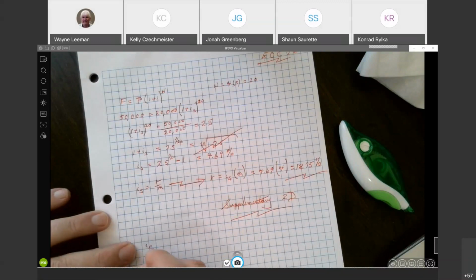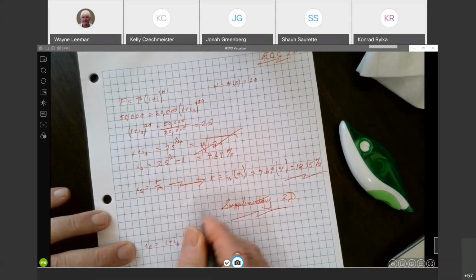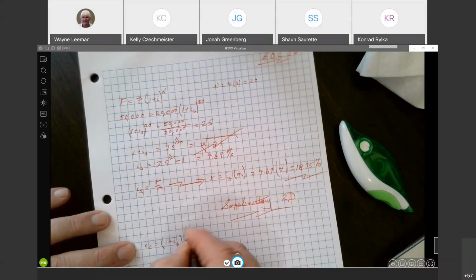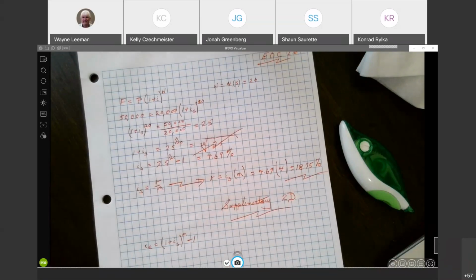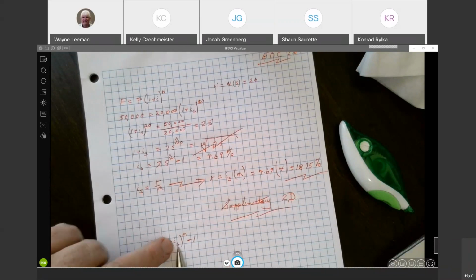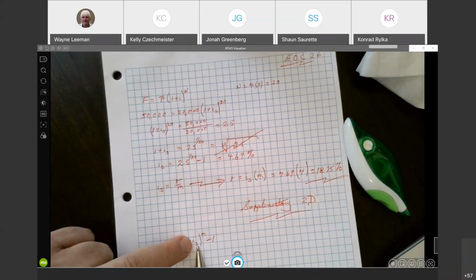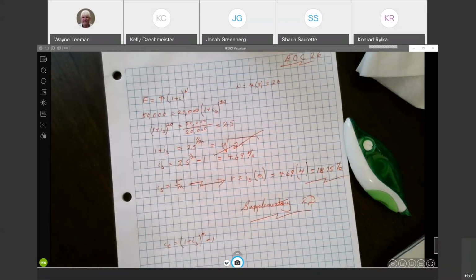We have an effective interest rate equal to 1 plus the sub-period interest rate, which is R over M, but that doesn't come into play this time, to the power of M, minus 1. That's the formula. There are two versions of that formula, one where R over M is substituted by this notation right here. Both of them are in the formula sheets, the back of the book, also published in Learn.